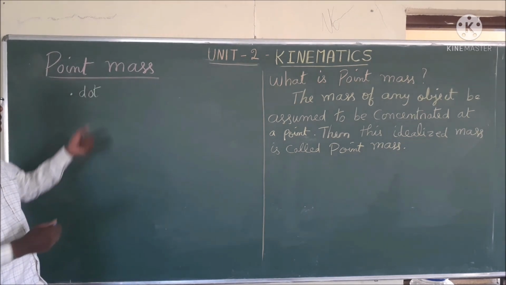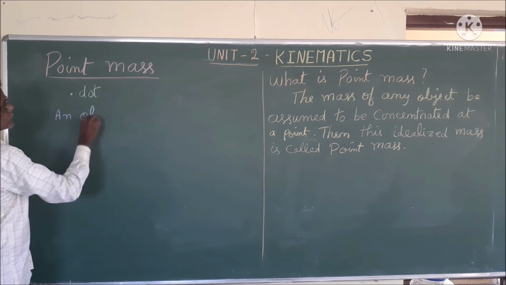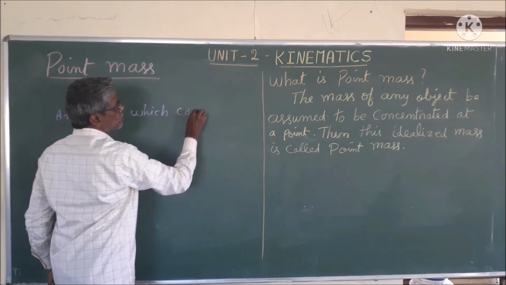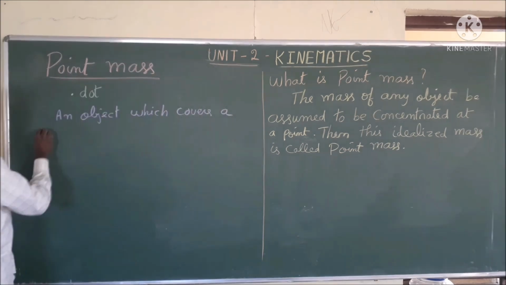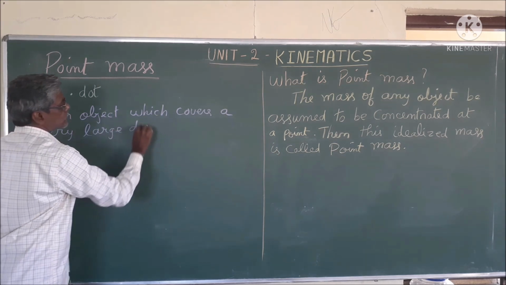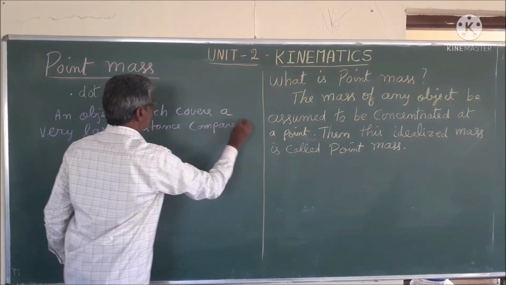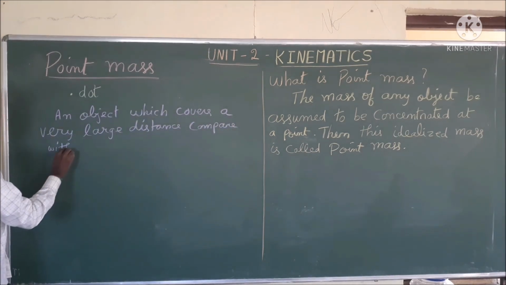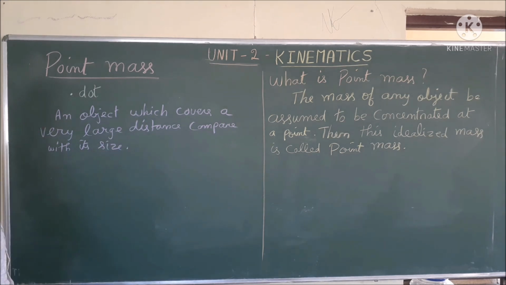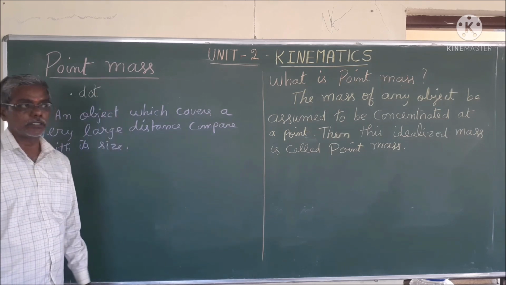So, point mass is nothing but an object which covers a very large distance compared with its size. An object which covers a very large distance compared with its size, I can call it a point mass.